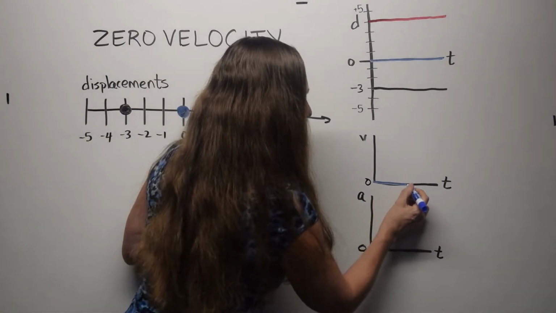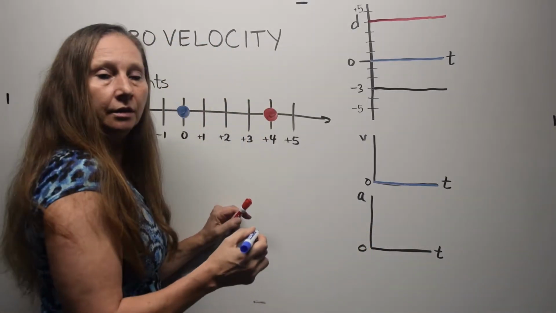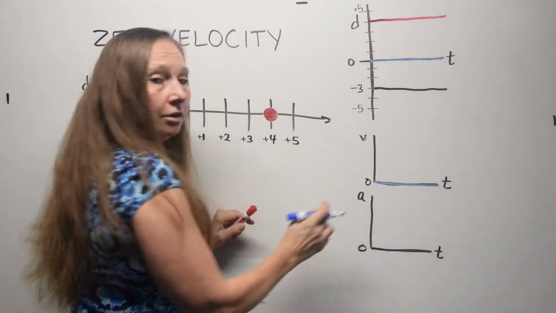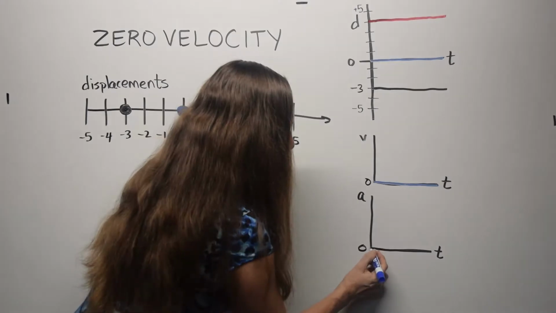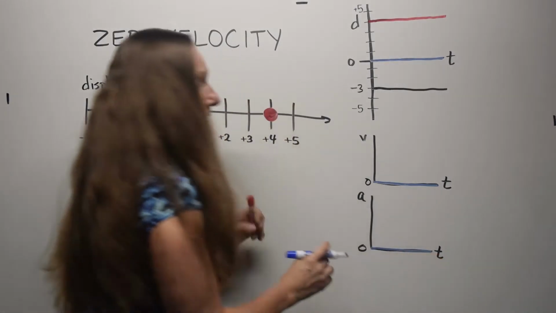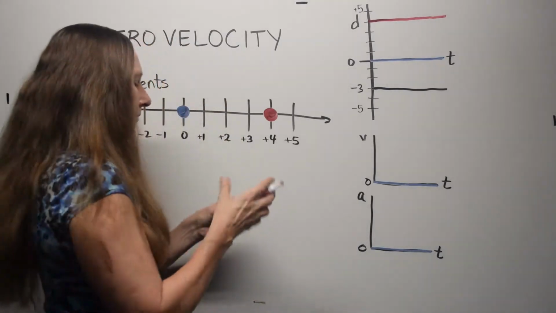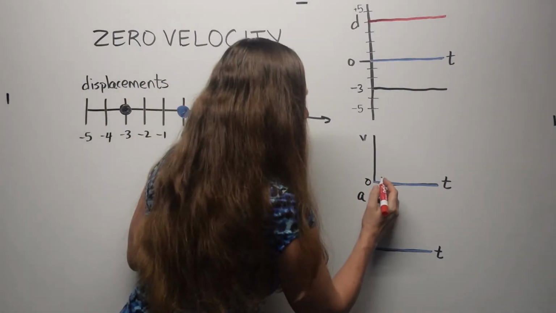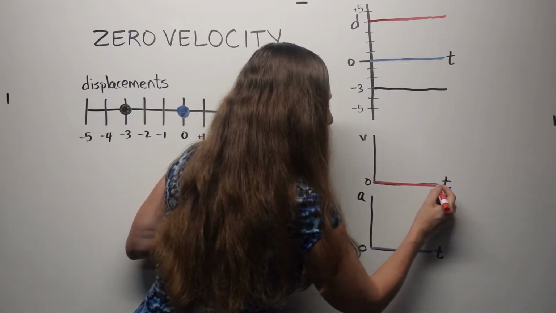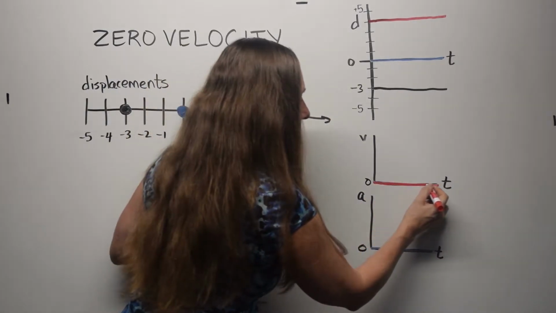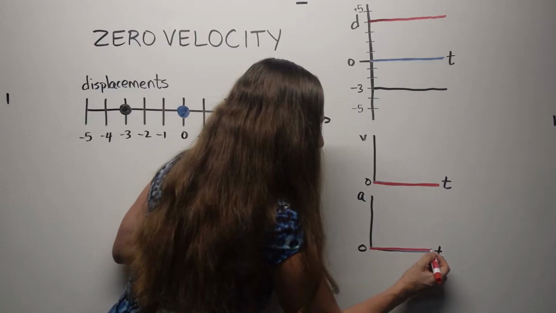Standing still at 0 velocity. They're not moving. The velocity is 0. Not moving, the acceleration is 0. And this person, just the same, is not moving. His acceleration is 0. His velocity is 0. His acceleration is 0.